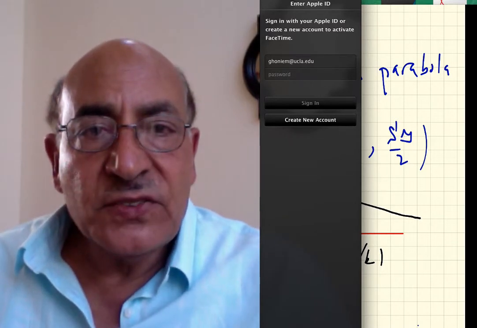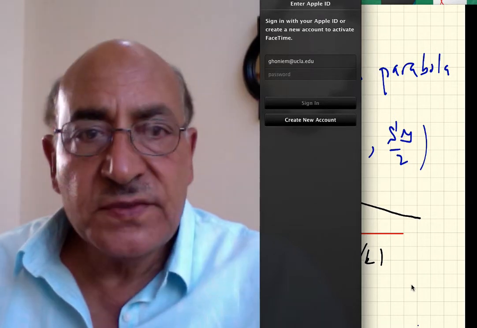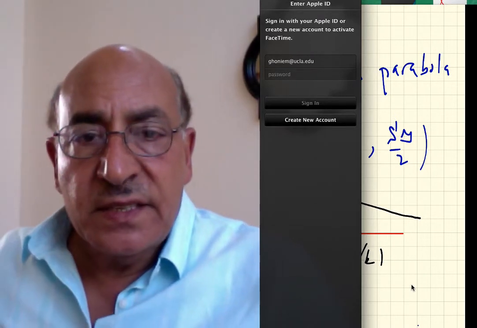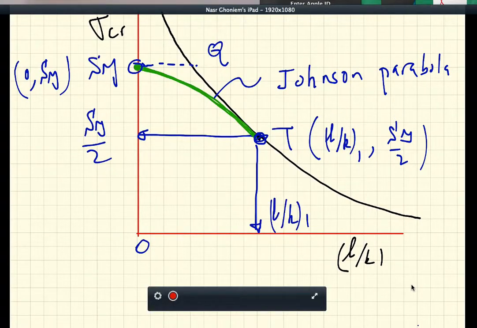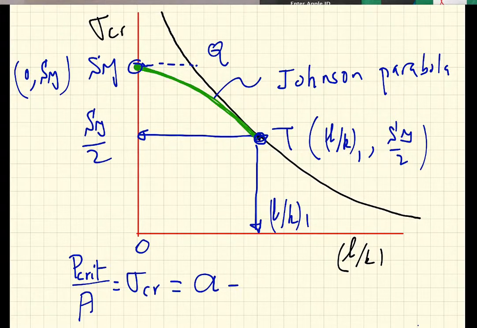So now I can write it in the following form. The Johnson parabola will be written as P crit over A, which is sigma crit, sigma CR, equal to a constant A minus another constant B times L over K squared.